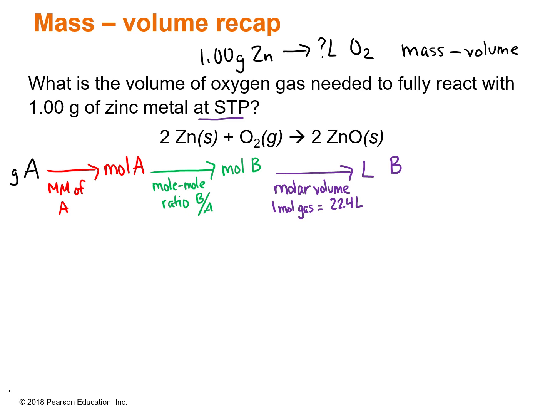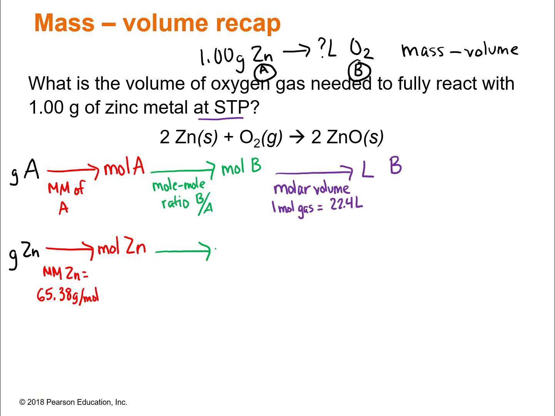Now let's put our plan into more specific terms. Zinc is our A, oxygen gas is our B. So we've got moles of zinc.